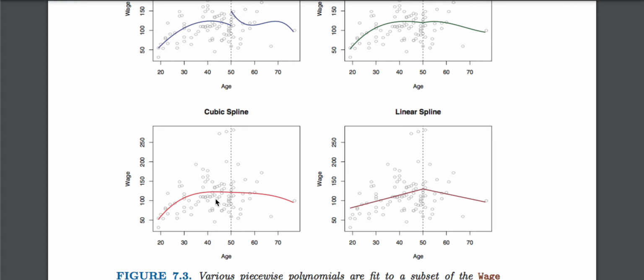Okay, and spline stands for a smooth piecewise polynomial regression. And here we have a linear spline.